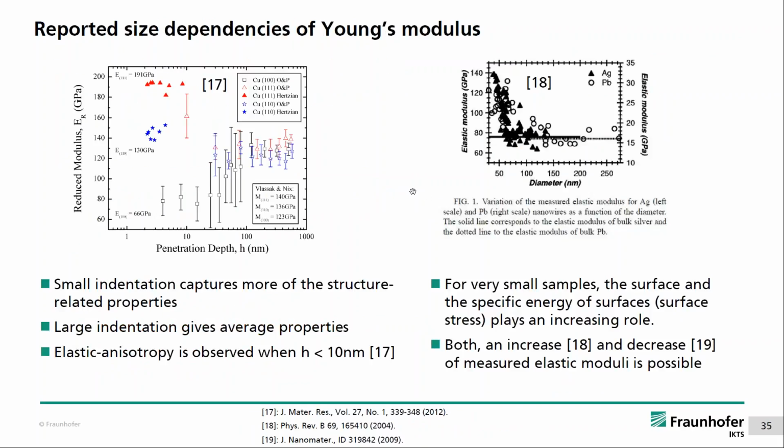For hardness, size effects are very common, but there are also reported size dependencies of Young's modulus, even if it's not so common. And there's one report that for copper indents, with bigger indentations in single crystal copper, you get the mixed elastic modulus. For bigger indentation depths, and as you go to small indentation depths, it splits up into the directional Young's moduli.